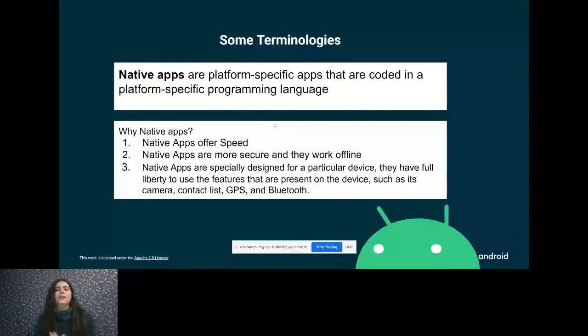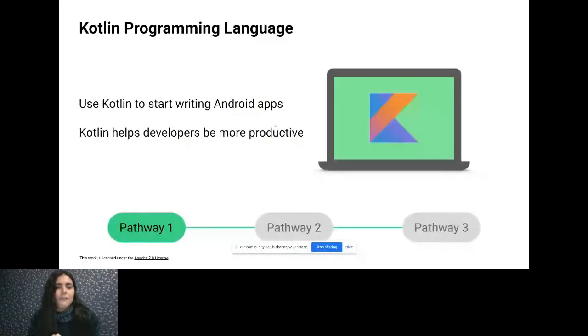Moving on to today's course structure. In the first pathway, you're going to learn the basic syntax of Kotlin programming, and I'm going to tell you why we choose Kotlin. Kotlin is very new compared to Java, and it's very famous among developers for helping them be more productive.